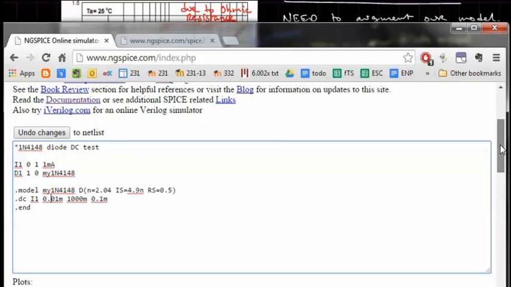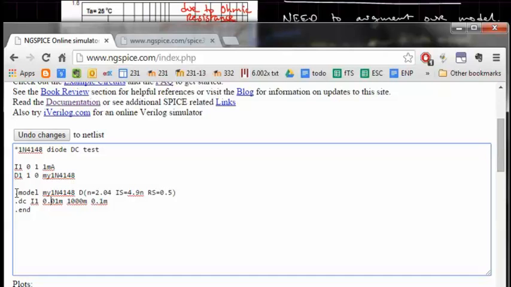So here's how you specify the diode. You call it out when you use it by some name that you make up. So I called it my 1N4148. And then this statement here is where you specify your model. You start out with the dot model, and then you give your diode name.